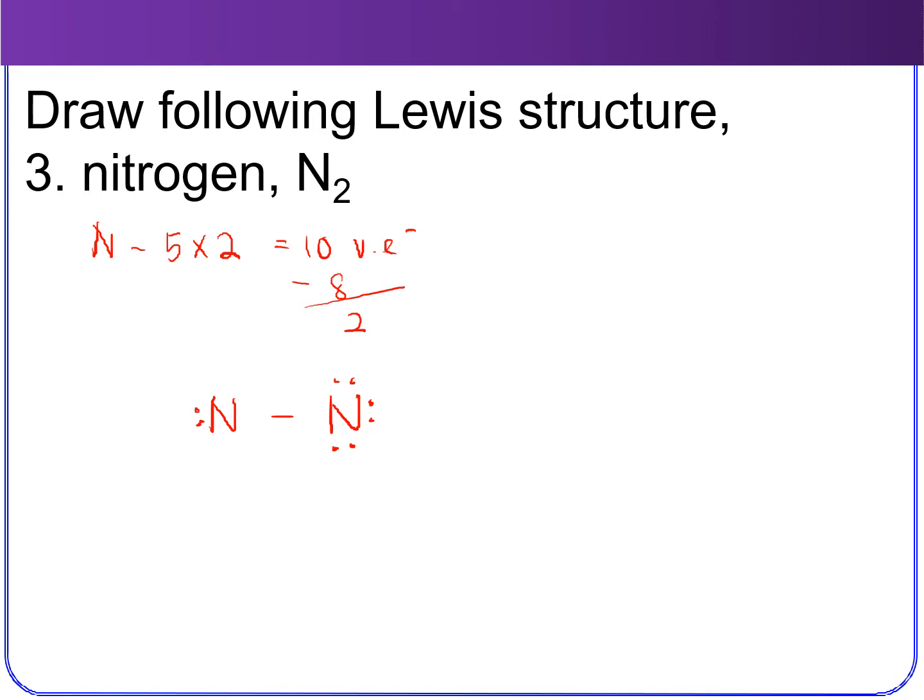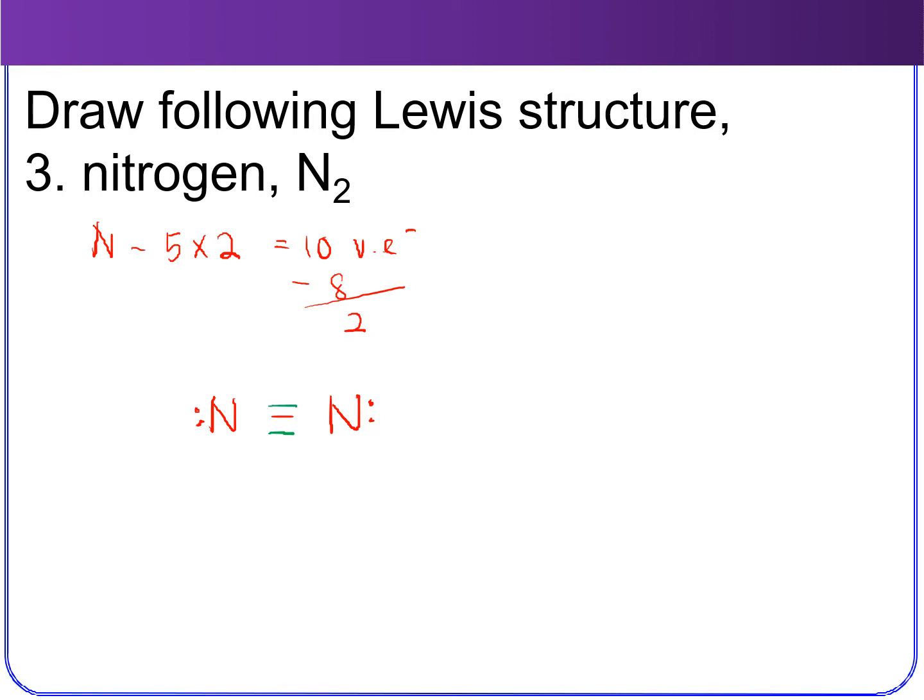Now the central atom is not octet yet, so we move the lone pair of electrons from the terminal atom to form a double bond. Even after forming the double bond, the central nitrogen atom still hasn't achieved octet. So again, we move another lone pair from the terminal atom to share with the central atom.